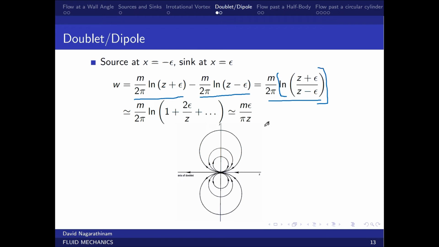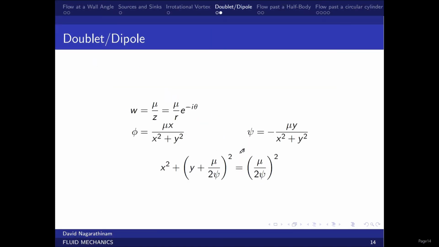Now these are the stream functions, that is, lines of constant psi for a doublet or a dipole. Essentially the potential function for a doublet or a dipole is going to be mu over z, where z is r e to the power i theta.